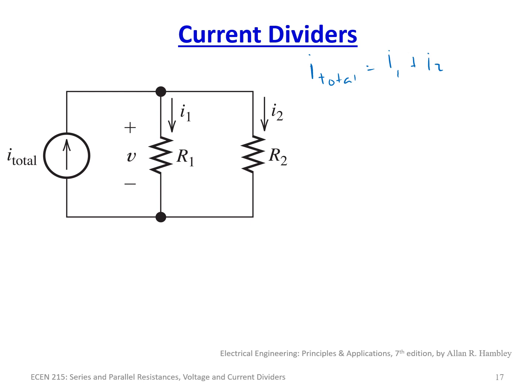We know that V is the same across both resistors. We have plus V across R1 and plus V across R2. So we end up with this: I1 is simply V over R1, or I total, the total amount of current, times R2 over R1 plus R2, because now we're in parallel.